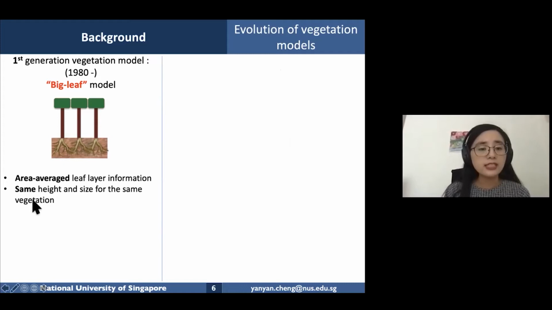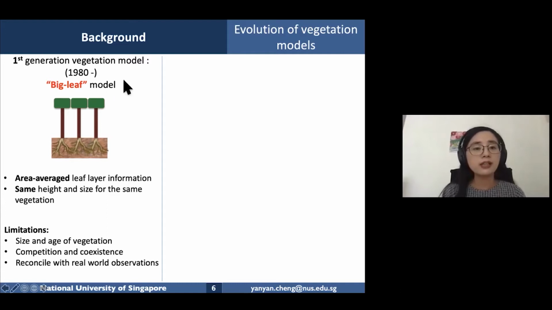So for the same vegetation, it will have the same height and the same size. But we know that's not true, because in the real world, even for the same tree species, there are young trees and old trees, small trees and big trees. So this kind of big leaf model has its own limitations. For example, it couldn't represent the size and the age of the same vegetation.